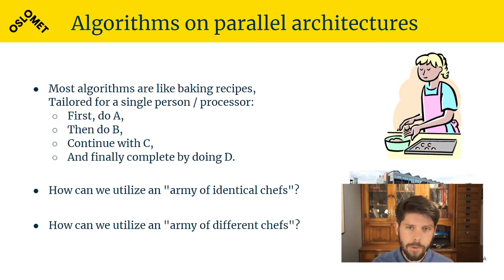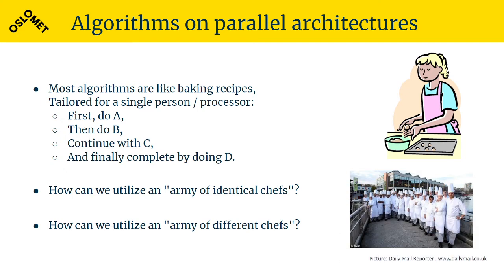Now, most algorithms are like baking recipes, and they're often designed for a single person or a single processor. So it's like a baking recipe where you first do A, then do B, continue with C, and finally complete by doing D. Now, how can we utilize an army of identical chefs, right? And how can we utilize an army of different chefs?